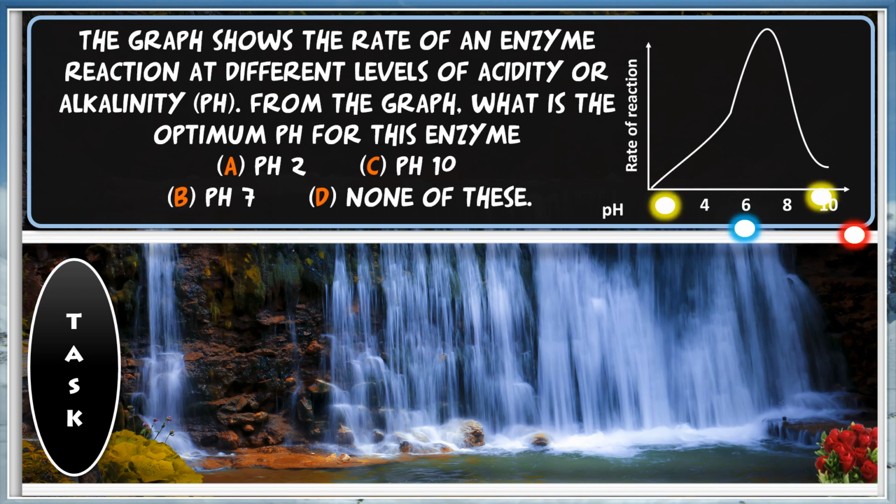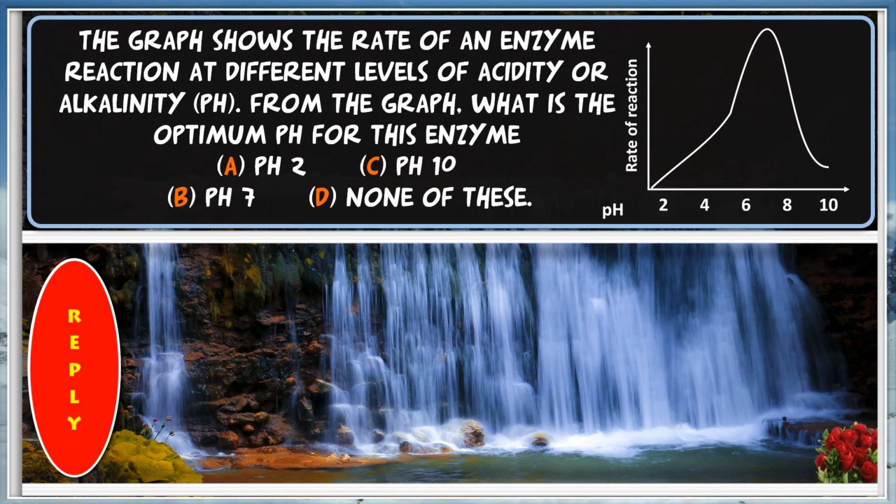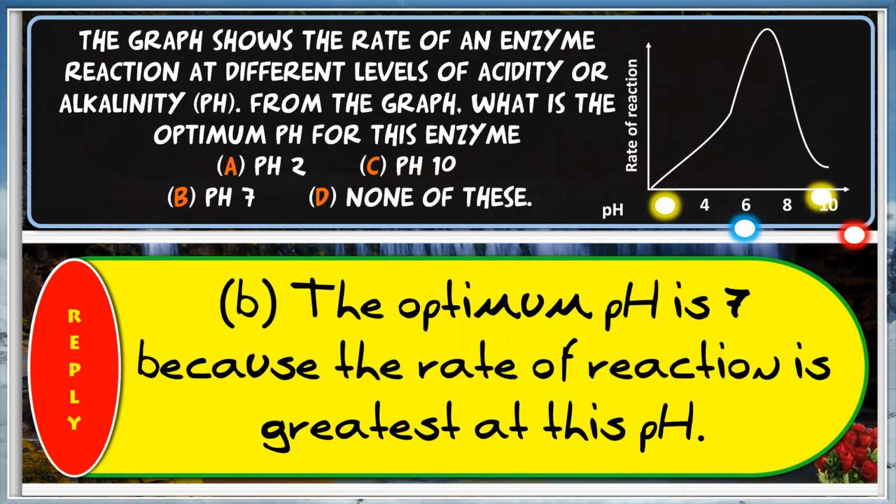A, pH 2, B, pH 7, C, pH 10, D, none of these. It is B. The optimum pH is 7 because the rate of reaction is greatest at this pH.